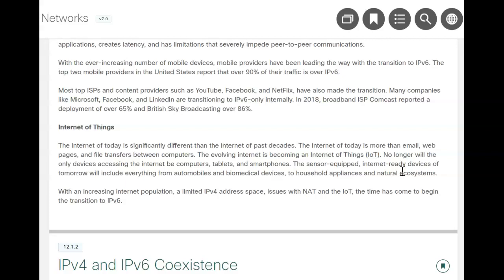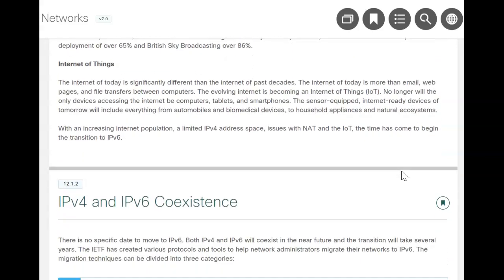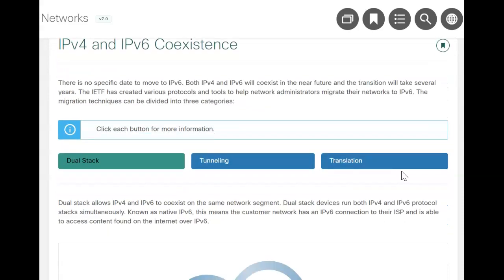All of this is why we need to start phasing out IPv4 and increase the use of IPv6. Now, can the two work together? The answer is yes. There is no scheduled date to be totally on IPv6. So IPv4 and IPv6 will coexist for the near future. And it may take several years for this to come to be. I've been teaching this class for over 10 years, and guess what? I've been saying that for all of 10 years.